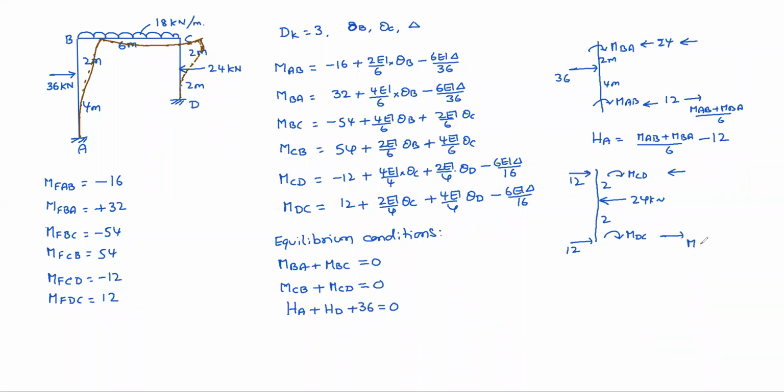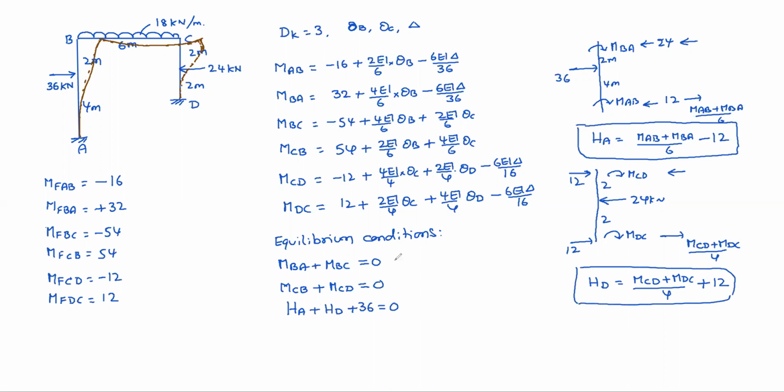That is MCD plus MDC by 4. So HD is MCD plus MDC by 4 plus 12.